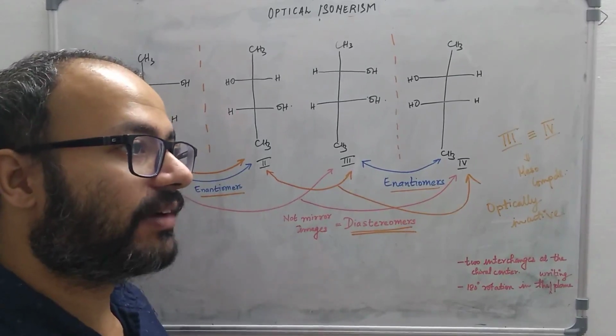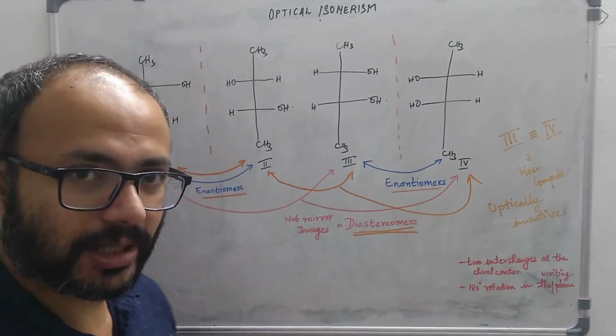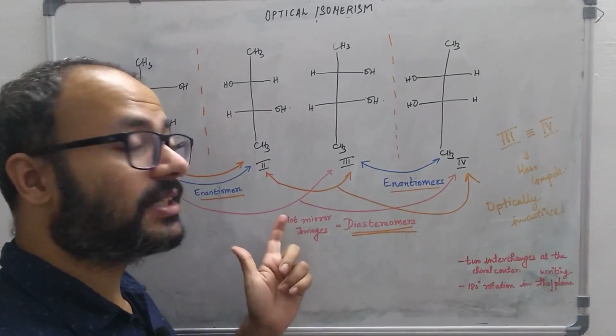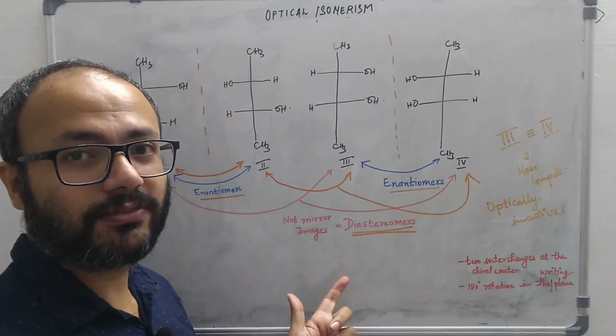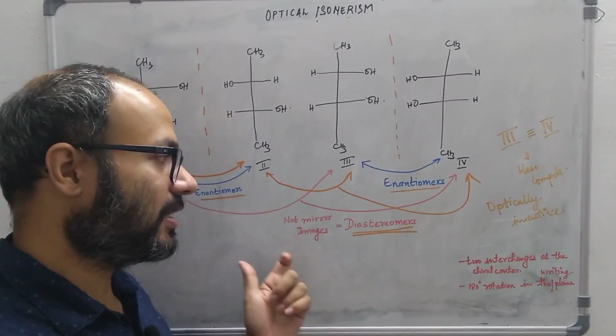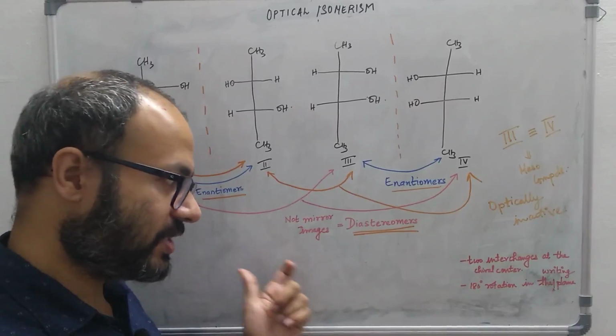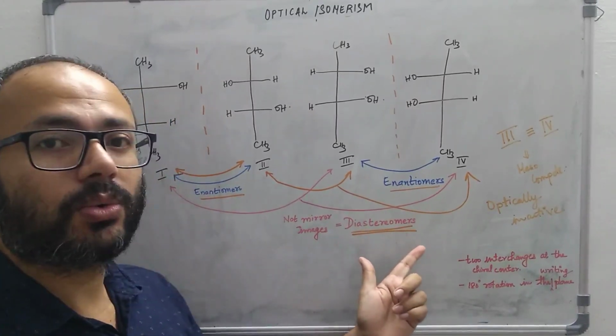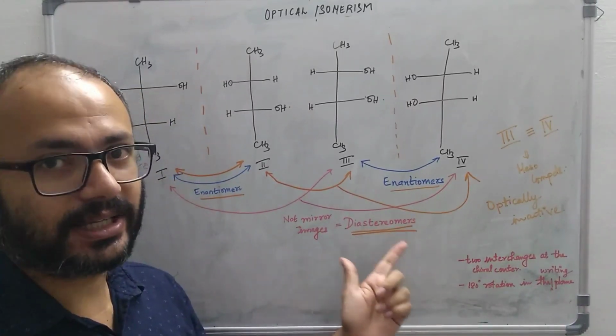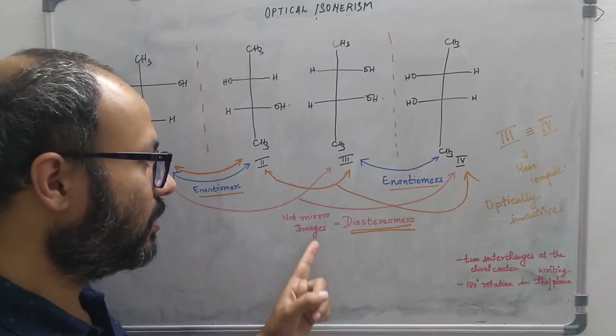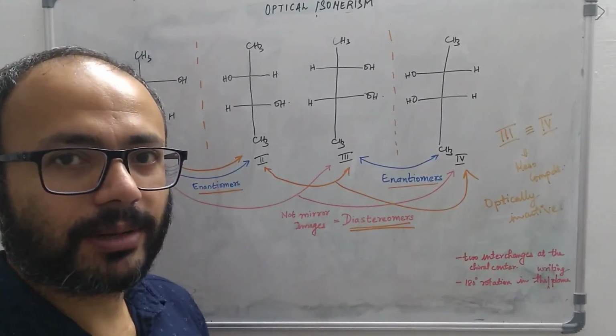So if you want to define diastereomers, they are stereoisomers which are not mirror images of each other. This is the new terminology you have to remember in this case.